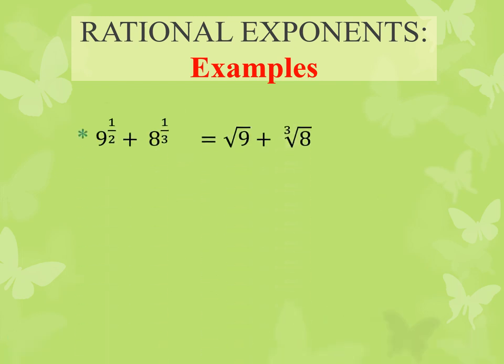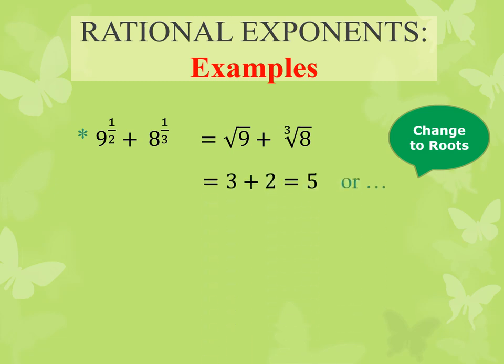Also, the rational exponents, we also call them surds. That's the other name for rational exponents. That is why 9 exponent 1 over 2 is the square root of 9, and 8 exponent 1 over 3 is the cube root of 8. And the square root of 9 is 3, and the cube root of 8 is 2. 3 plus 2, that should give you 5.